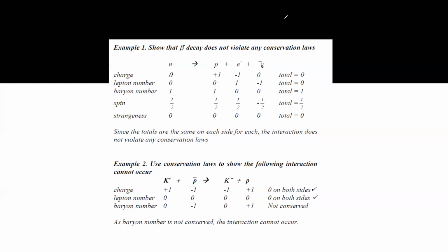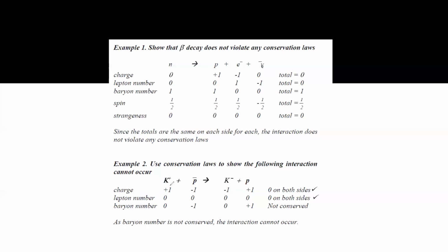Same way, when you check another reaction, so in this reaction, use the conservation law to show the... so there is a kaon positive interacted with anti-proton, gives kaon negative and proton.